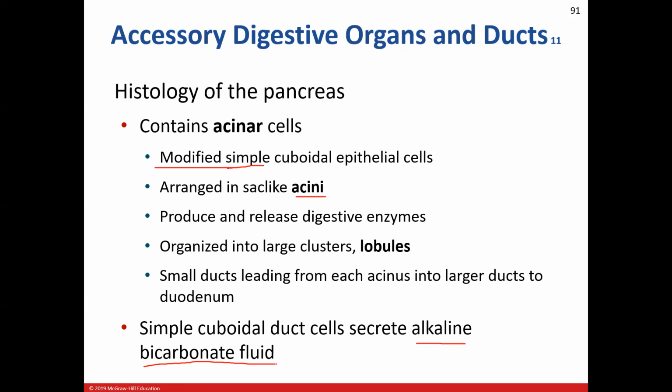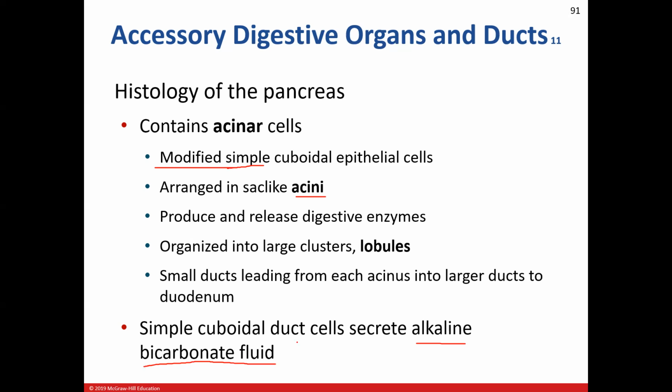That bicarbonate fluid is going to help temper the pH of the chyme from the stomach. I should probably say temper up, because we're going to actually increase the pH. We're going to try to make it more neutral or basic. We're going to go from a very low pH and try to increase it so we're not damaging tissues. So keep that in mind.